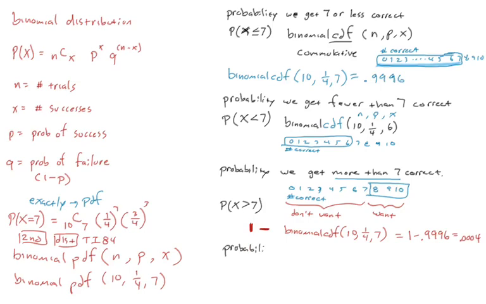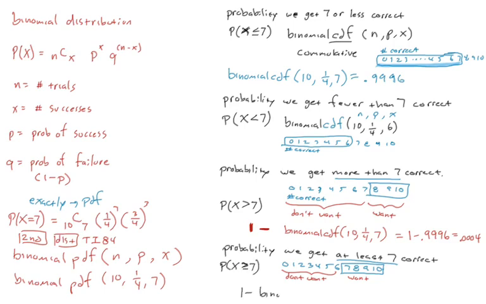All right. One more case. Probability we get at least 7 correct. So again, I like doing my little sketch here of all the possible ones we could get correct. I want at least 7, so that means 7 or greater. Again, the top portion is what we want, so we're going to have to use a complement by calculating what we don't want. So this is a probability x is greater than or equal to 7. So 1 minus the binomial CDF, still CDF because we're accumulating, it's not exactly one case here.